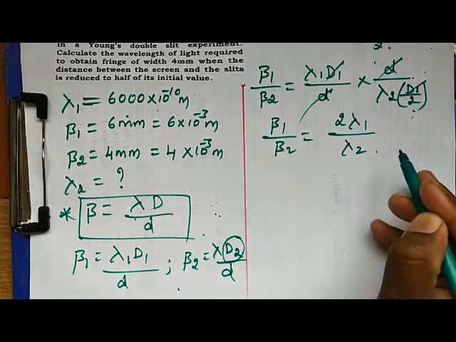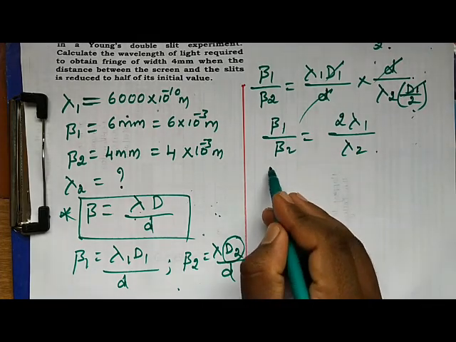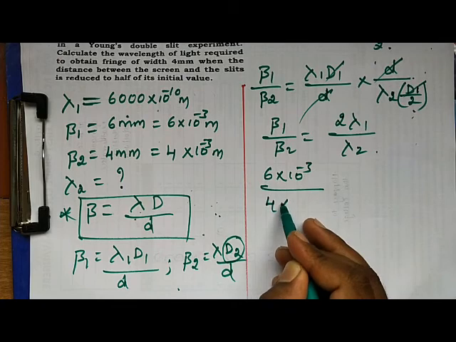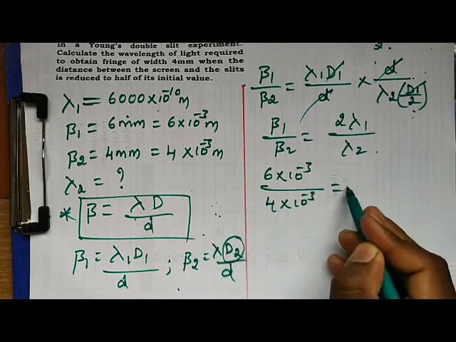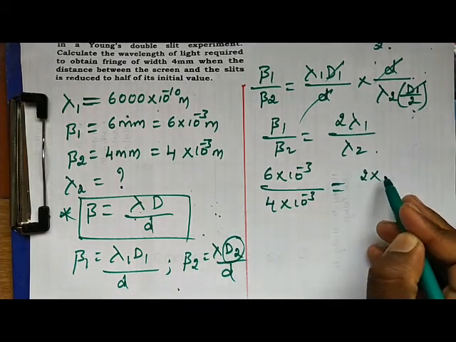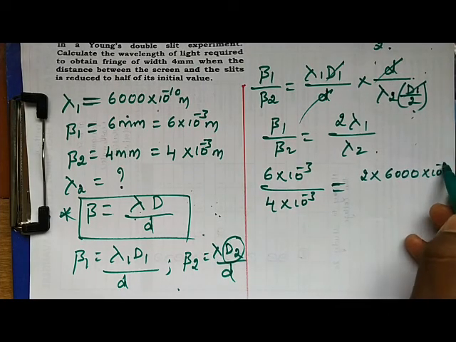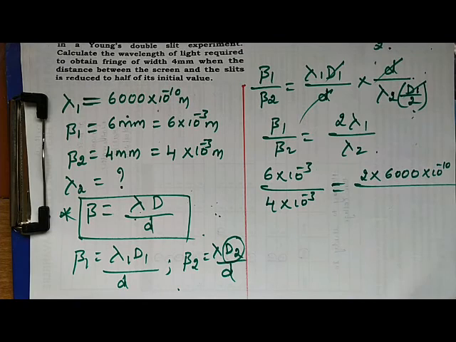Remaining, we have beta 1 divided by beta 2 equal to 2 lambda 1 divided by lambda 2. Beta 1 is 6 into 10 to the power of minus 3 meter divided by beta 2, 4 into 10 to the power of minus 3 meter, equals 2 times lambda 1, 6000 into 10 to the power of minus 10 meter in SI units, divided by lambda 2.